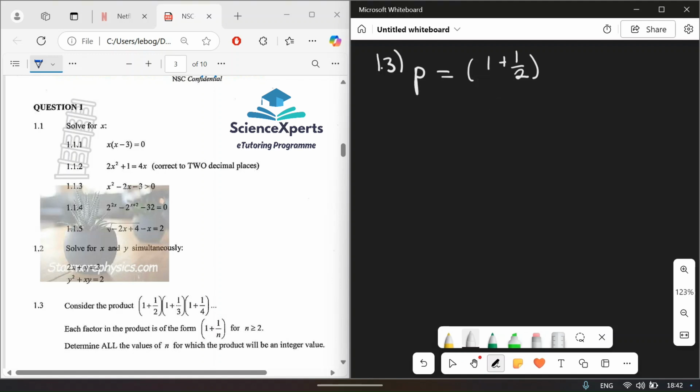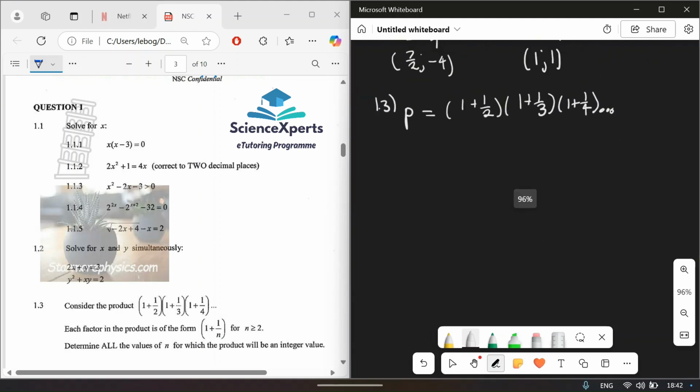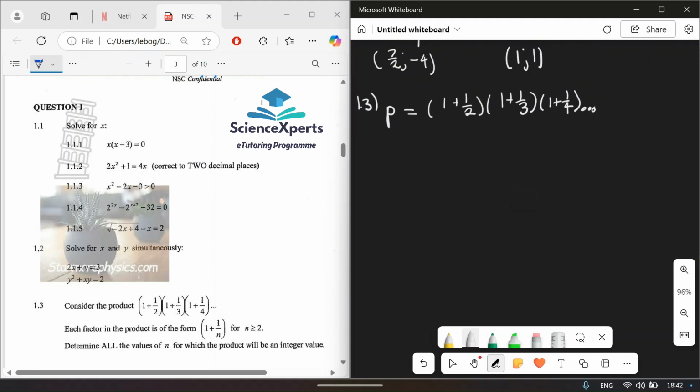It is equal to 1 plus 1 over 2 into 1 plus 1 over 3 into 1 plus 1 over 4, right, till infinity. And they tell you that each factor of the product is in this form, right? So we can simplify this first, before simplifying this, right?